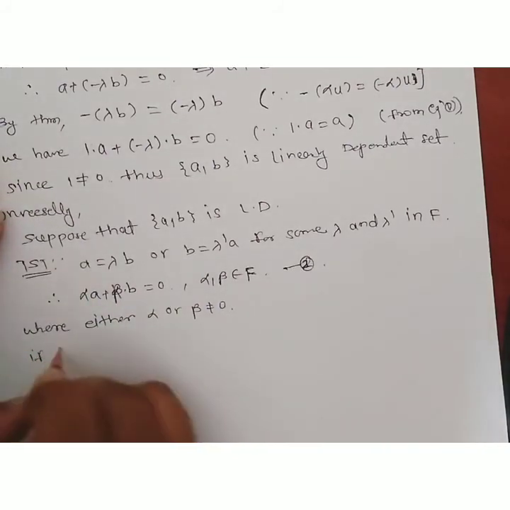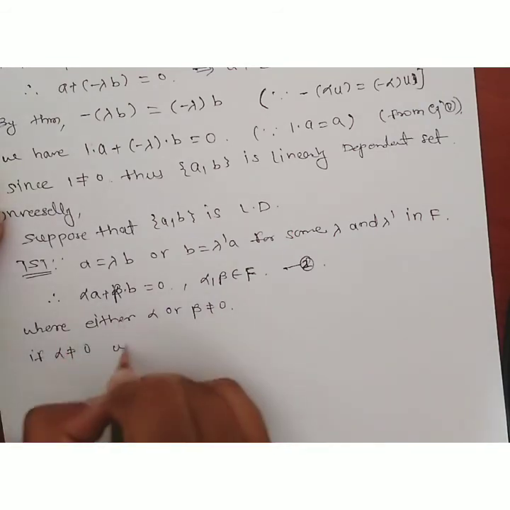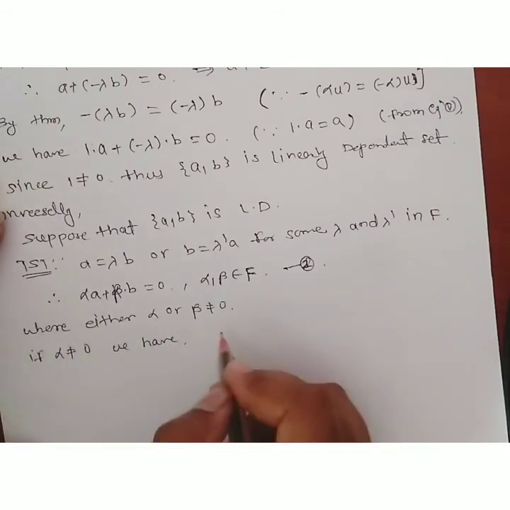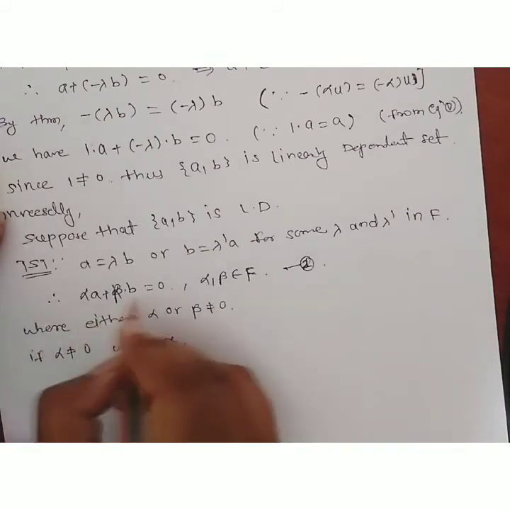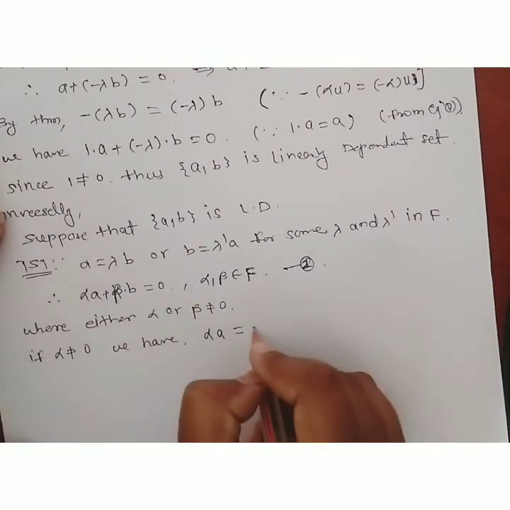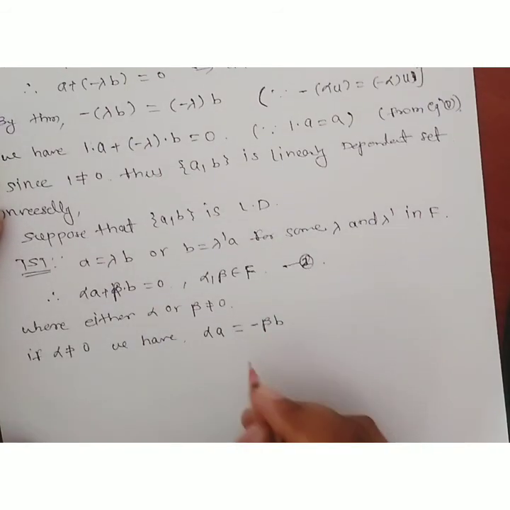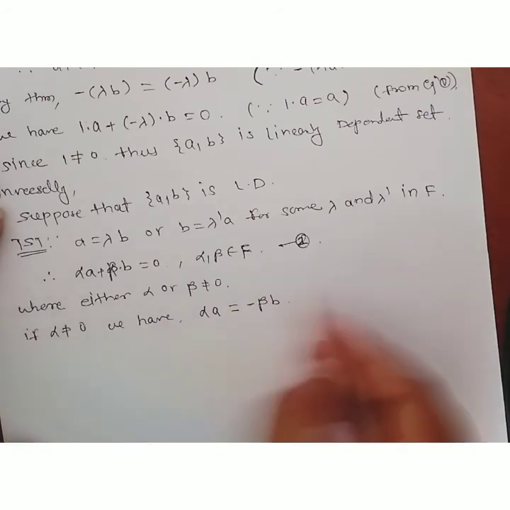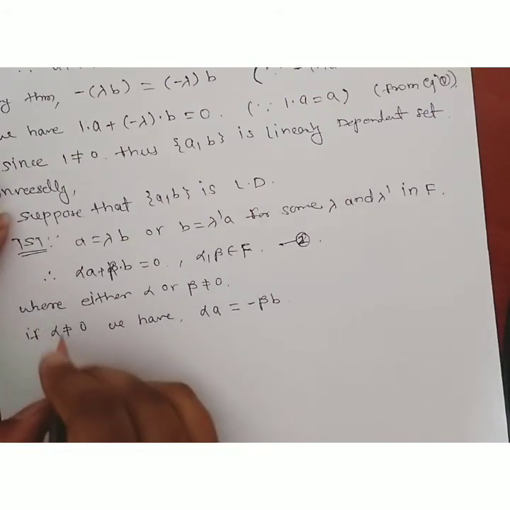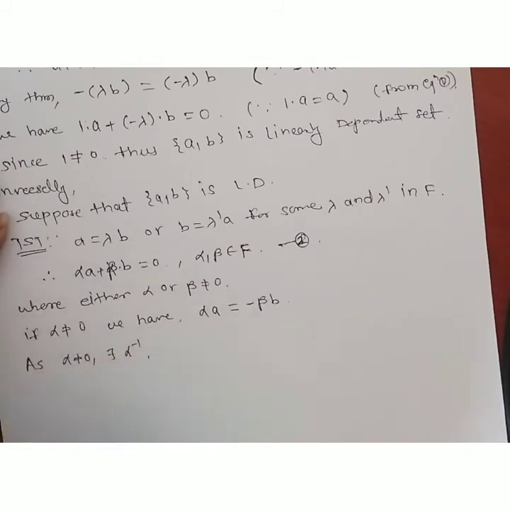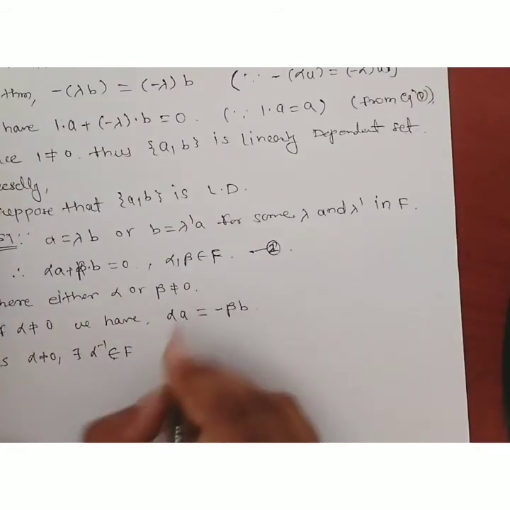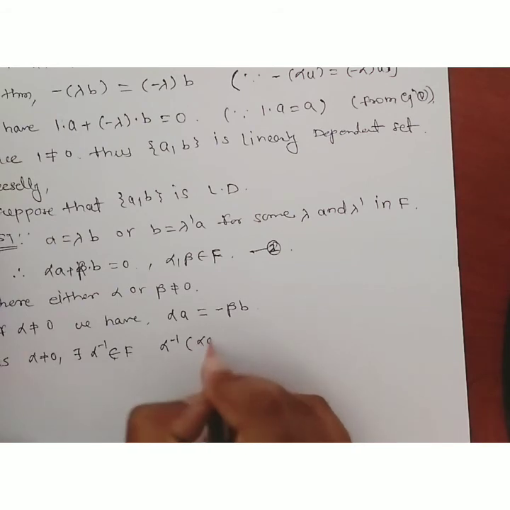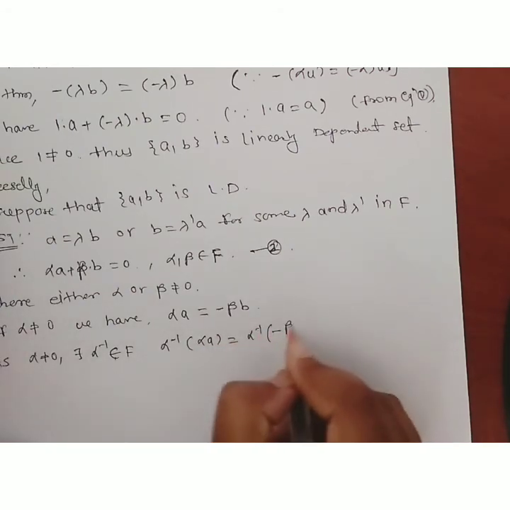Now if alpha is non-zero, then by using the second equation, we have alpha a is equal to minus of beta b. As alpha is non-zero, there exists an alpha inverse belonging to field F. Then multiply both sides by alpha inverse: alpha inverse into alpha a is equal to alpha inverse into minus of beta b.